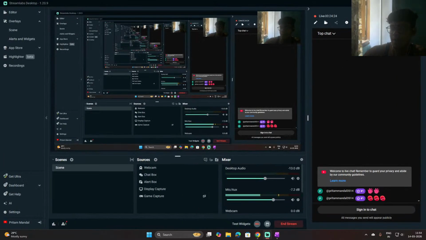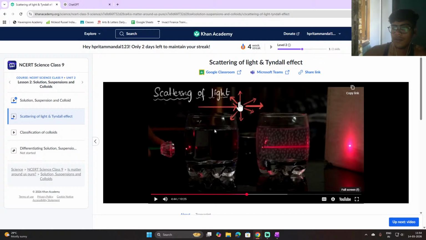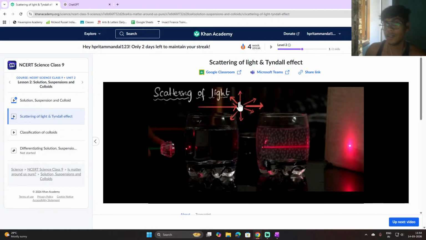So here he is saying, right? So I told you that here he is saying about size, particle size. So I have told you that in sugar, if you dissolve sugar in water or salt in water, then the particle size is very small, very small. That's why the reflect is very small.